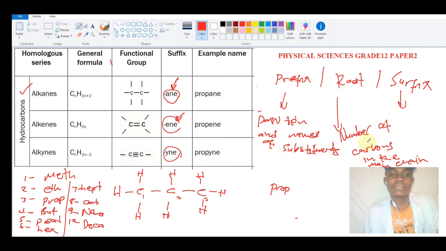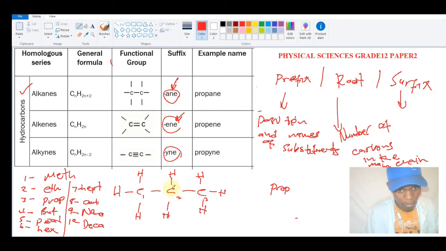We want the suffix, right? What is the functional group now? You check the functional group. It only consists of single bonds. For another compound you've got double bonds, and if you've got double bonds, then it's a different functional group.